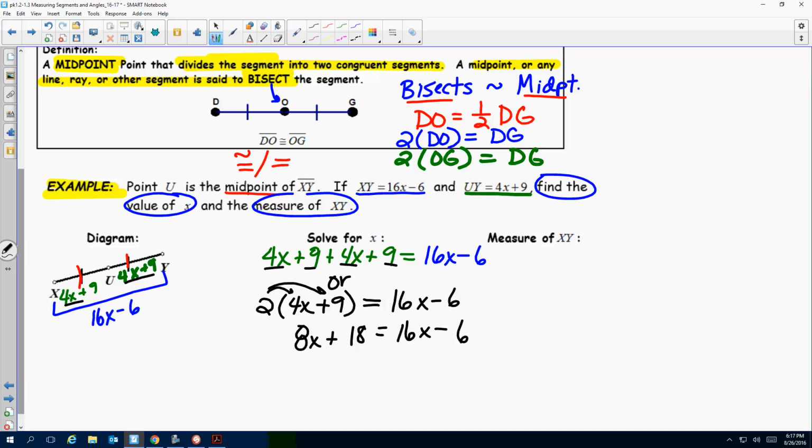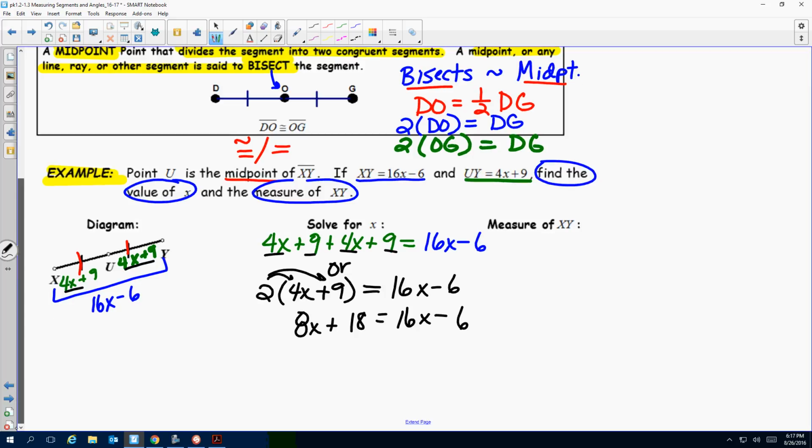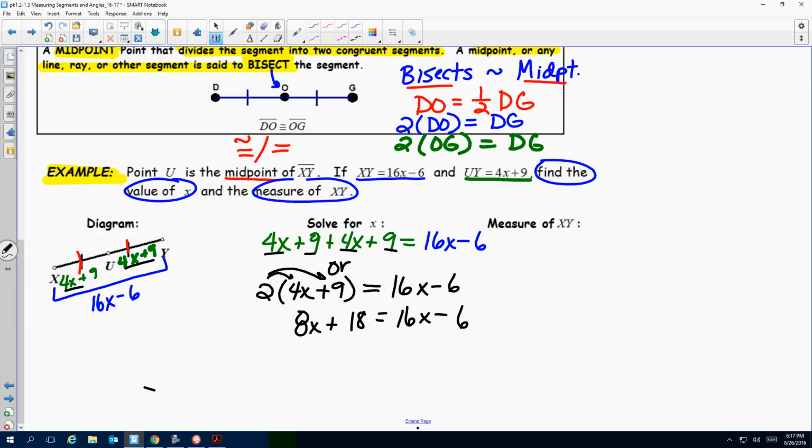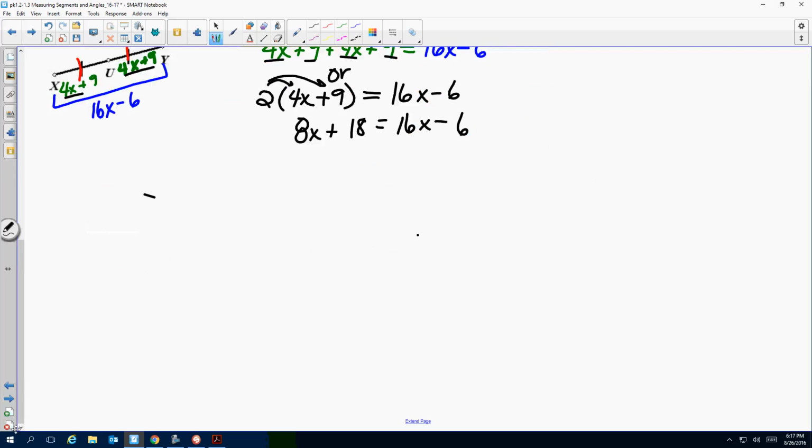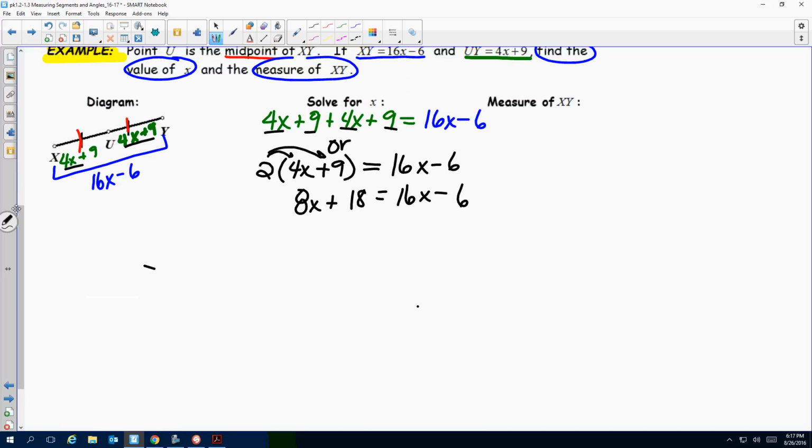And now I'm getting into solving the equation. So I'm going to scroll this down. To solve our equation here, I want to start with the smallest variable because we have variables on both sides, a variable on the left side and the right side. So we're going to say minus 8x, minus 8x. 8x is going to cancel out, leaving me with just 18.